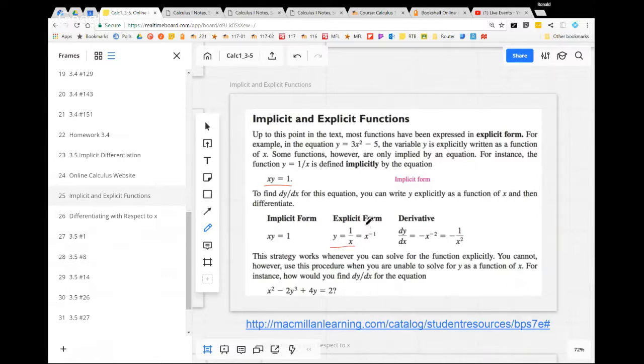The problem is some equations can't even be converted to explicit form. And so, like this one down here, how can we do that? And so, well, I'm going to just go right in and show you how you can do that.